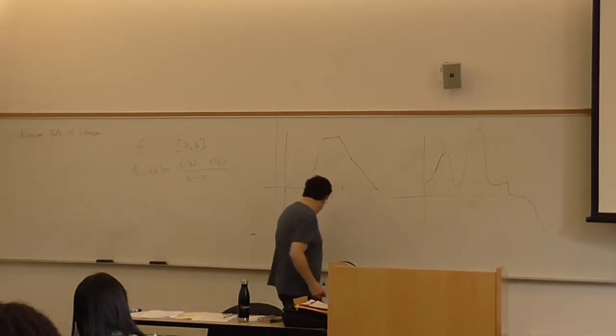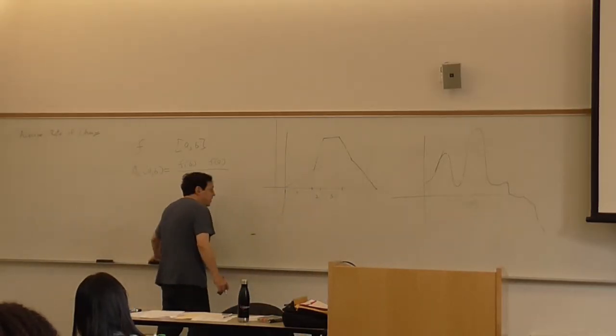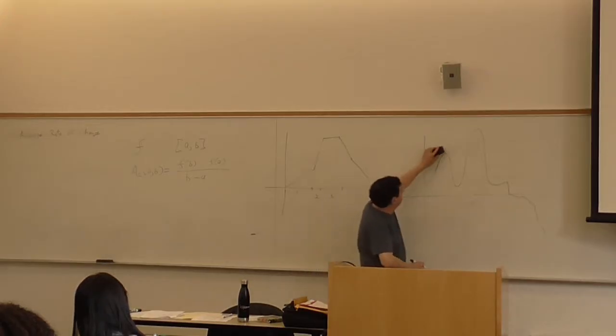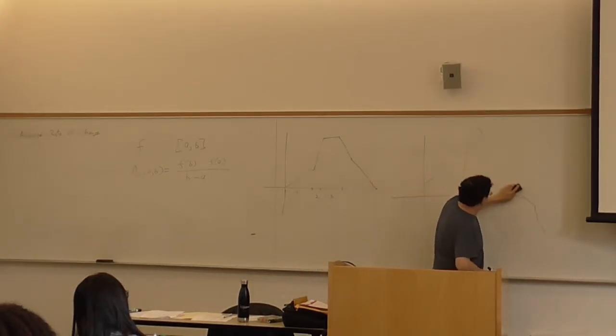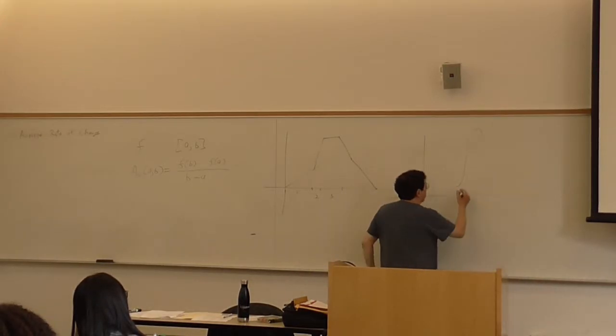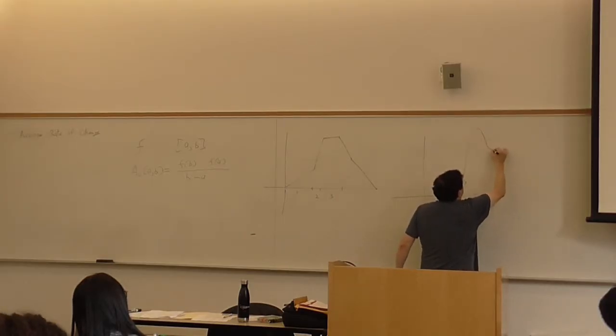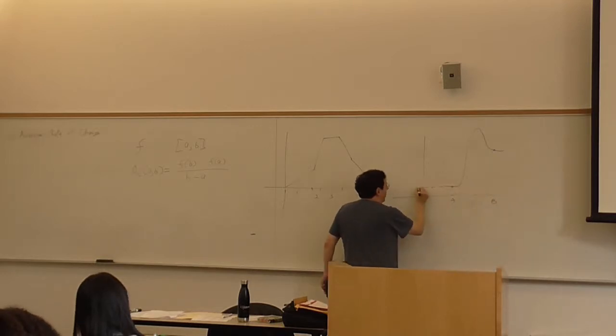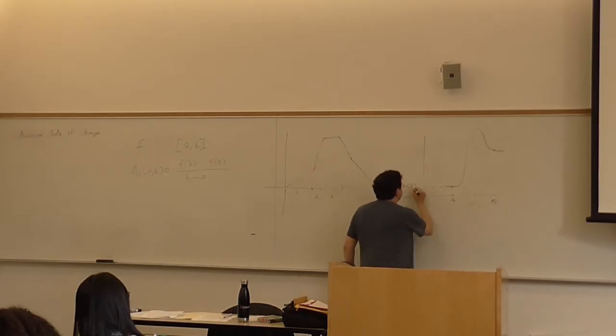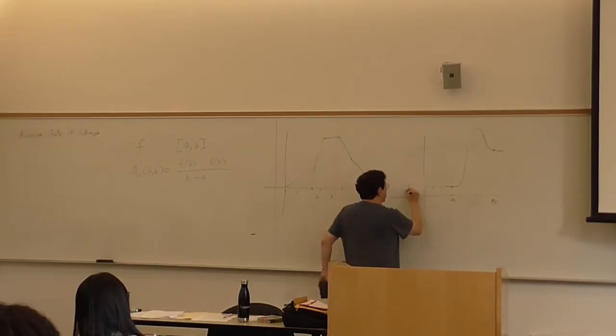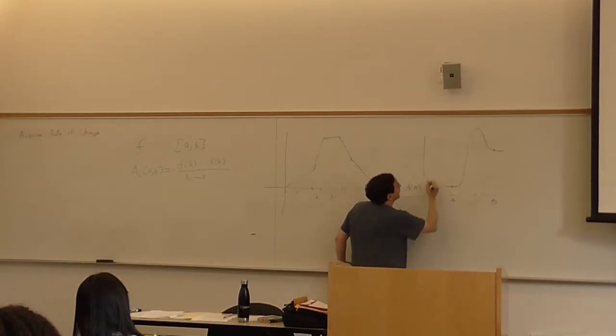So let's take 2 points on this curve here and think about what that means. We'll have a point here A and some point here B. So my f of A is over here. Yes, I'm using capital letters, so I should be consistent.